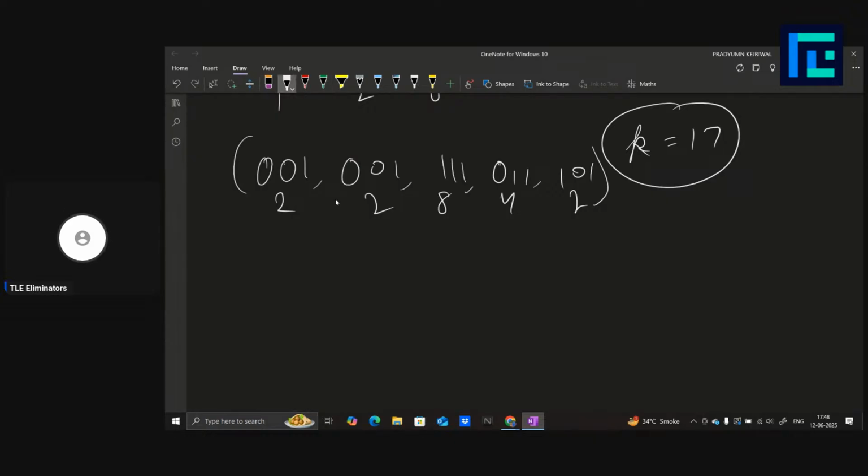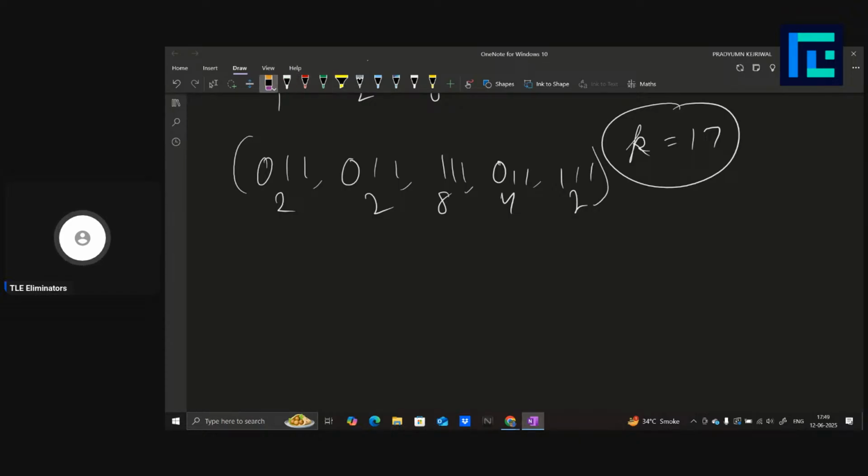Now what will you do? You will pick up these twos, because that is the minimum. This two or this two, anyone you can do. I'll just do all three of them because our k is big enough. So if I increment all three of them by 2, this is what it has become.